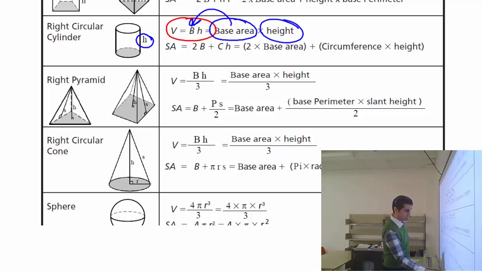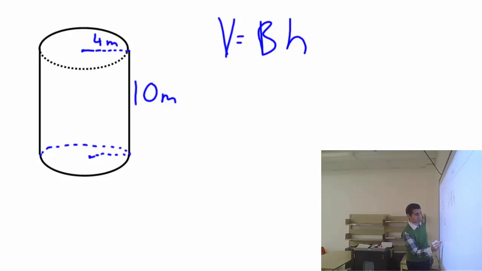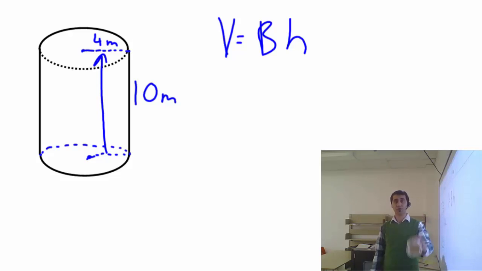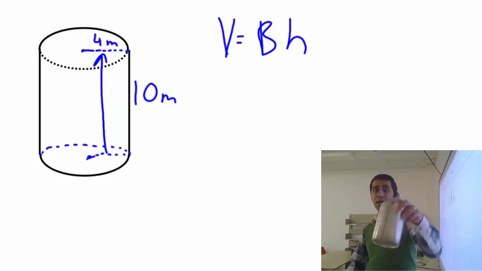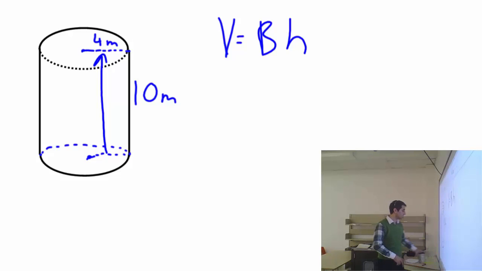I know that in this 2D shape it is hard to see, but there is a circle in the bottom, in the base, and of course it has a radius, which is the same as the top. The circle you are looking at here and on the top are the same circle. Everything is the same, the radius is the same.